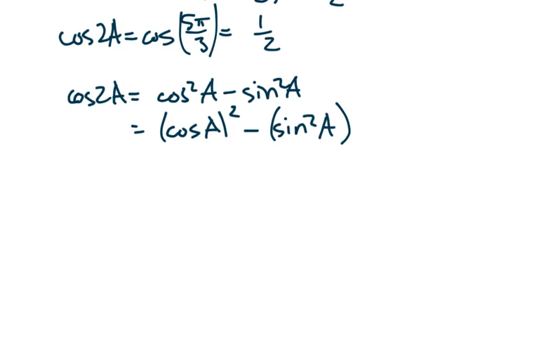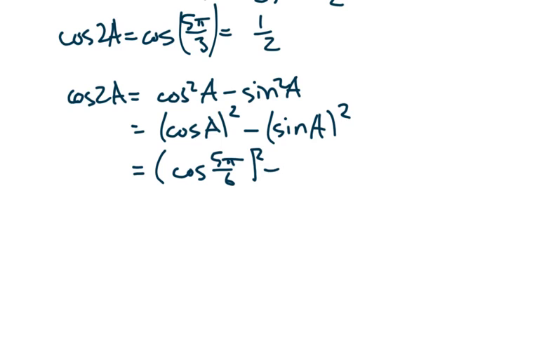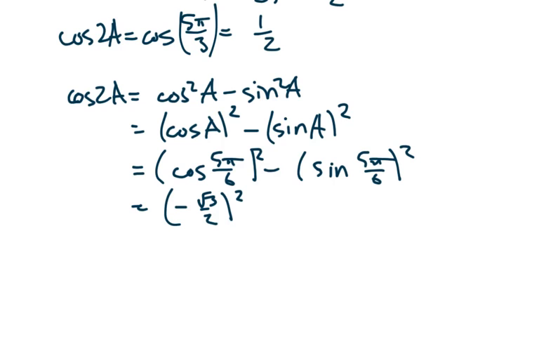So cosine of a, sine of a. Cosine of 5 pi over 6. What is cosine of 5 pi over 6? In the second quadrant, so cosine is negative root 3 over 2, in fact.